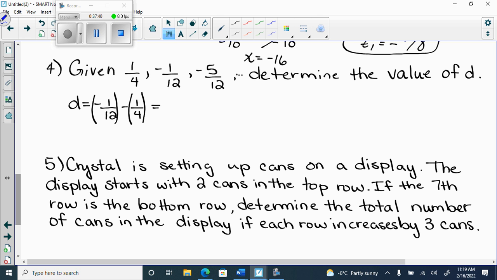What do you get on your screen? -1/2 minus 1/4, what do you get? -3/4. You're going to get -0.75, right?